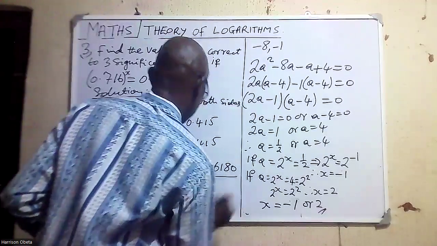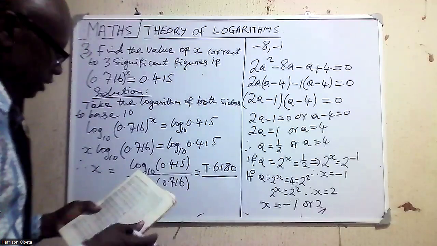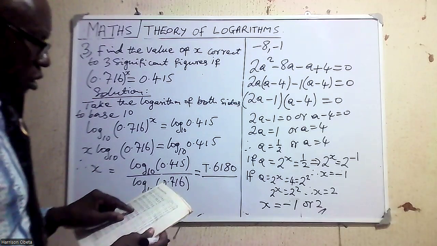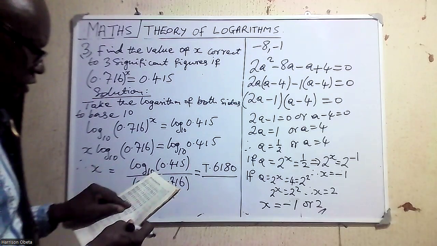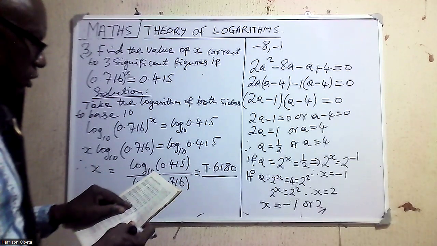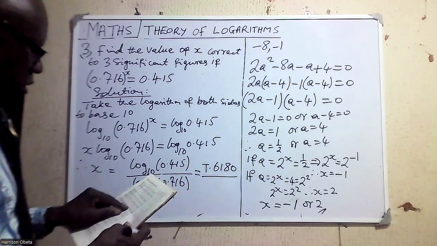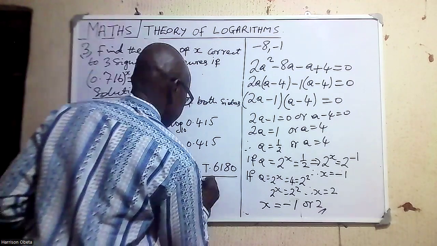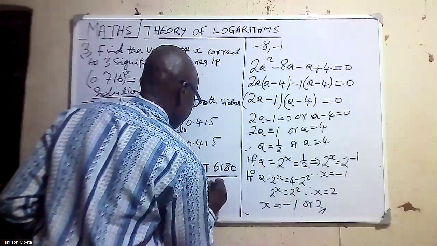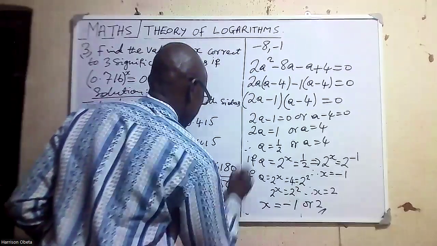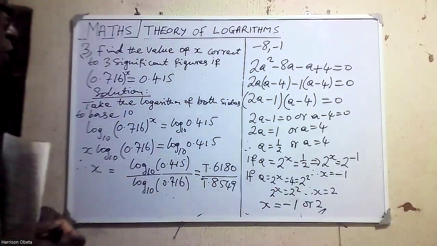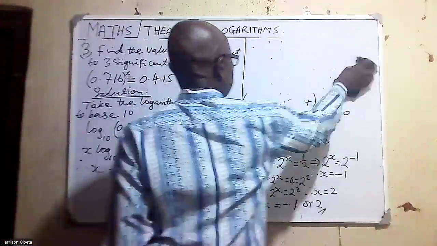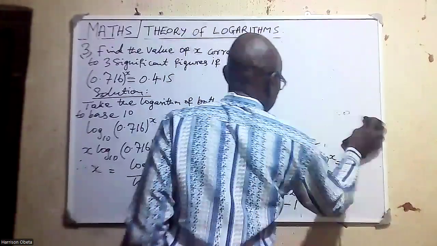Then all over 71/6. 71/6 is 8549. So, yes, we continue by now using log to simplify further.